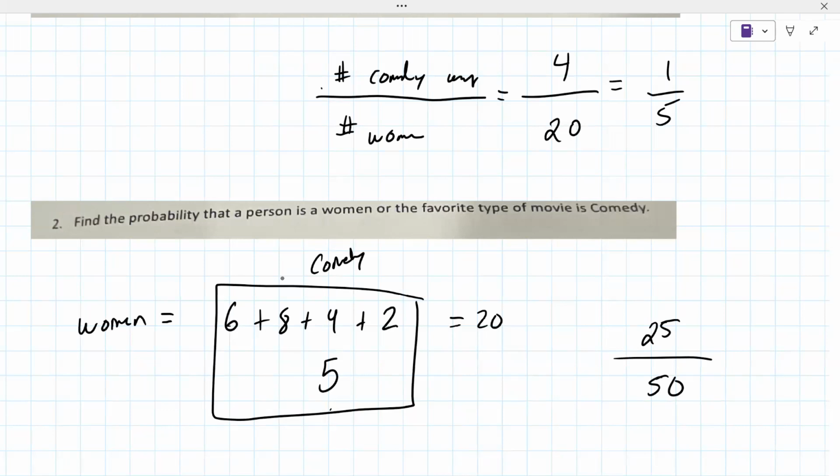That's going to be 1 times 25 is 25. It's 1 over 2. That is correct. Yep.